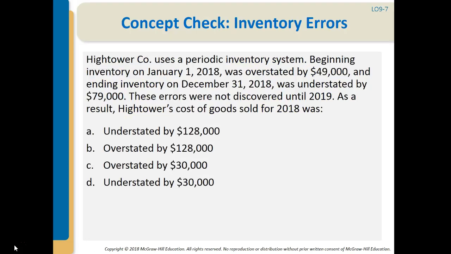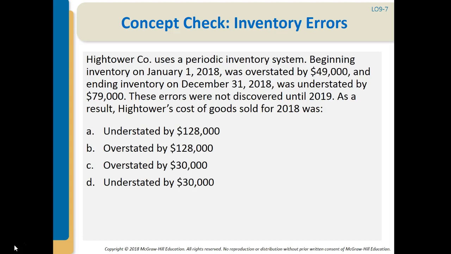So here's another question for you. Hightower Company uses a periodic inventory system. Beginning inventory on January 1st of 2018 was overstated by $49,000, and ending inventory on December 31st, 2018 was understated by $79,000.